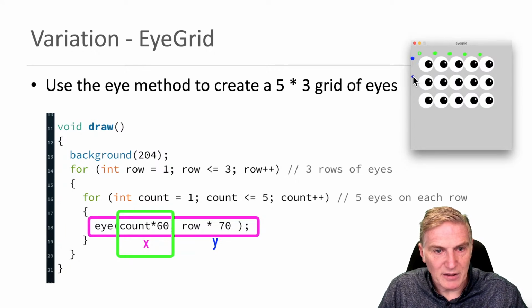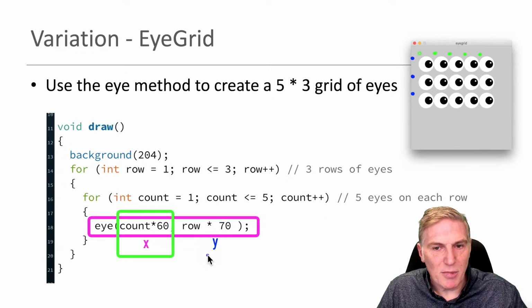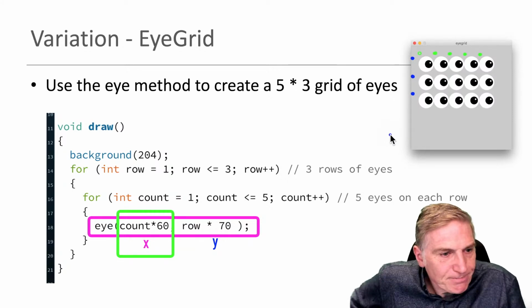It's going to be down 140 for the second one, and 210 for the third. So we're using the loop counter variables, multiplying them by some number, manipulating that number in some way in order to figure out where we want to draw our eye. Okay?